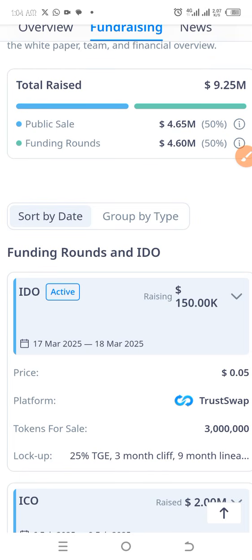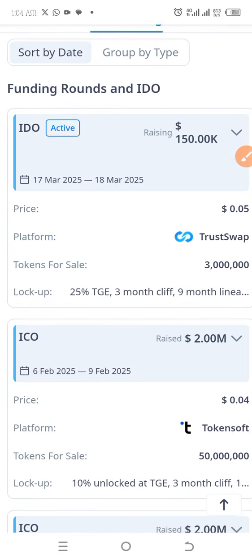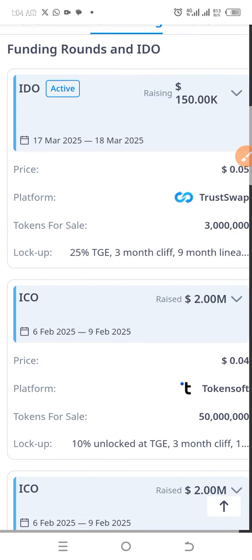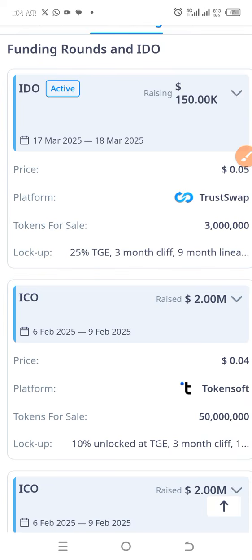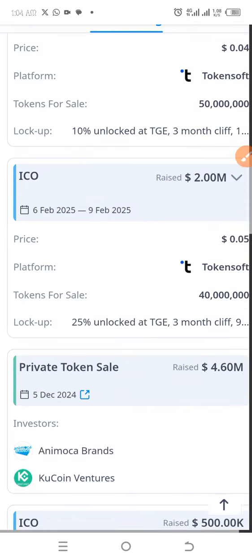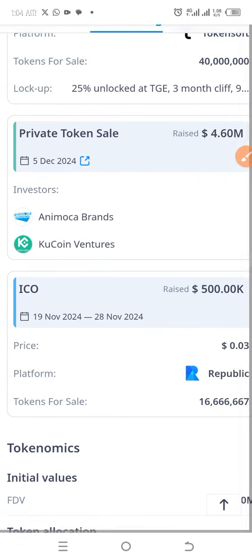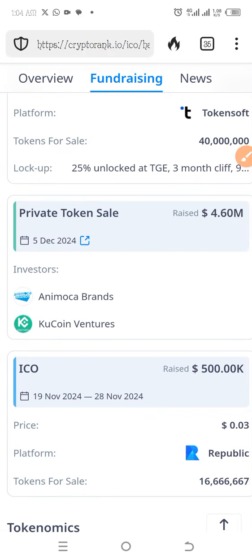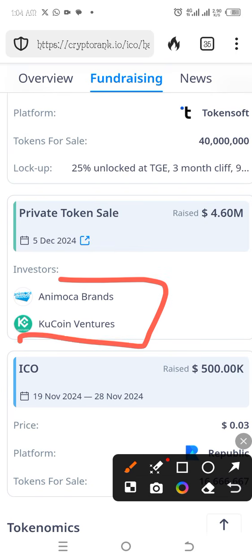And participate in this IDO launch pool. Look at the other ones again. These are the previous ones they participated in. This was the price they sold it at, and they sold it on Talking Soft. They have different platforms that they sell on, and later those are the private investors that invest in it.